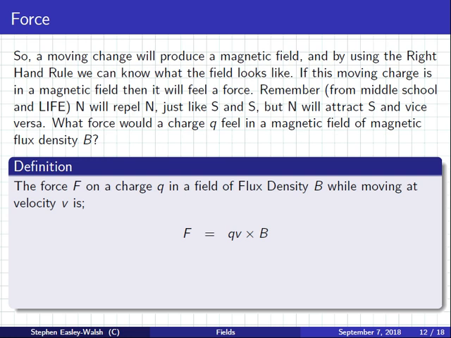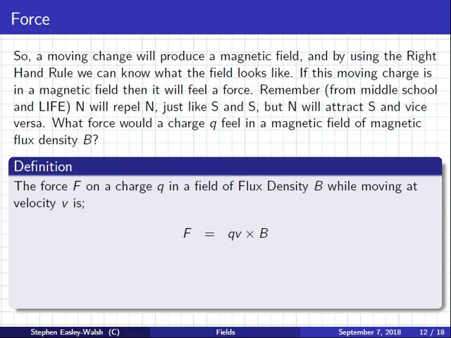Part one, how big is the force? The force is the charge multiplied by the speed multiplied by the magnetic flux density. But also we want to know the direction of the force. If I have a charge moving this way and a field moving that way, which way is the force? So there's a special way to calculate the direction called the cross product.